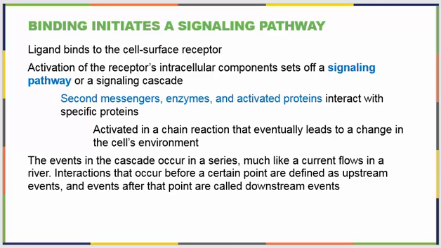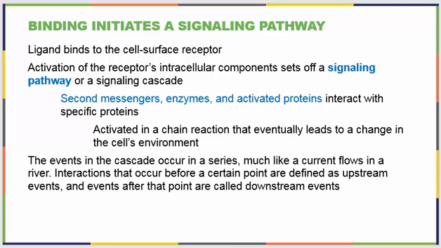Let's talk about how that binding actually initiates the signaling pathway. The ligand itself will bind to a cell surface receptor. The activation of the receptor's intracellular components sets off something known as a signaling pathway or signaling cascade. This turns on second messengers, enzymes, and activated proteins, which then go interact or talk to other specific proteins.